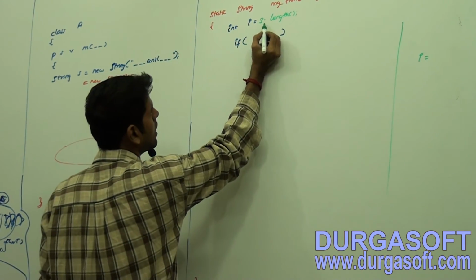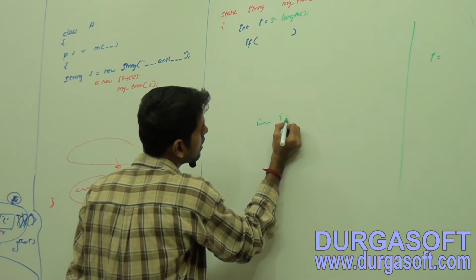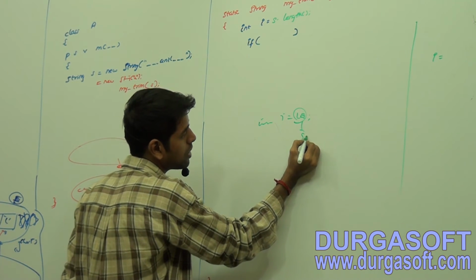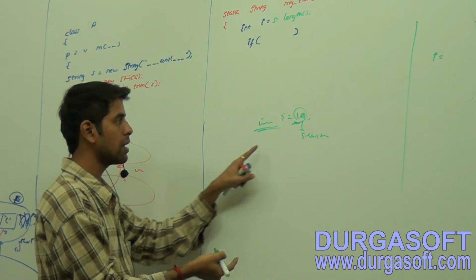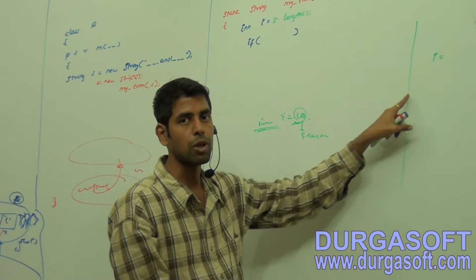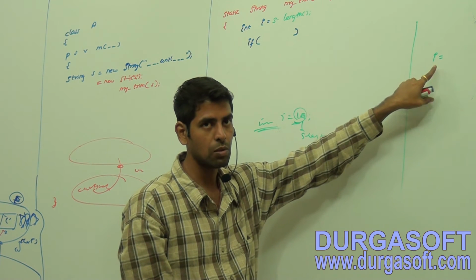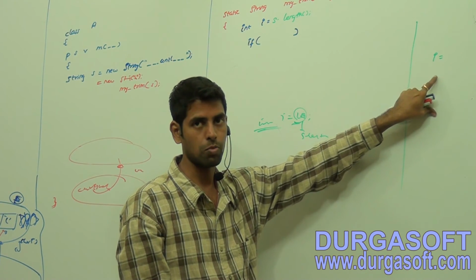Now at memory, what will be the i variable value? Observe here, the length method returns an int value. So int i equals 10. This 10 is what is returned by s dot length. Declaration and initialization means that at memory this i variable will have memory occupation.